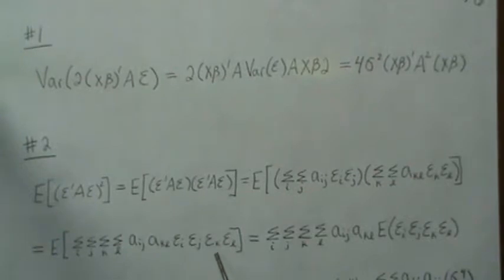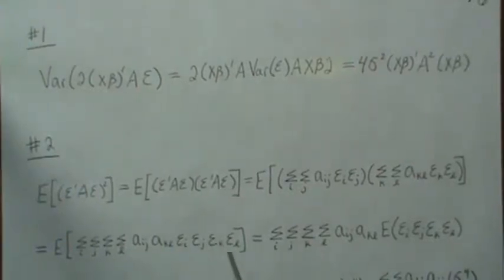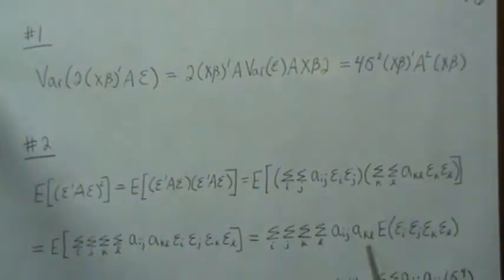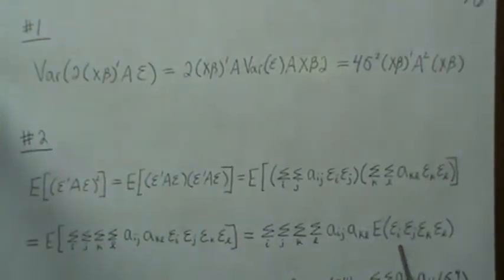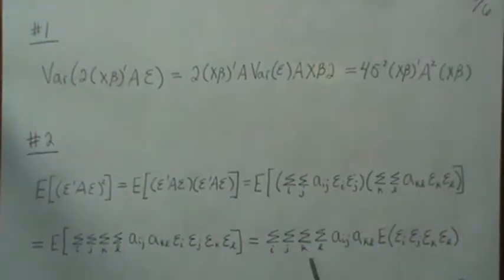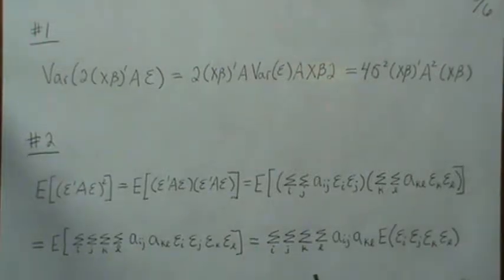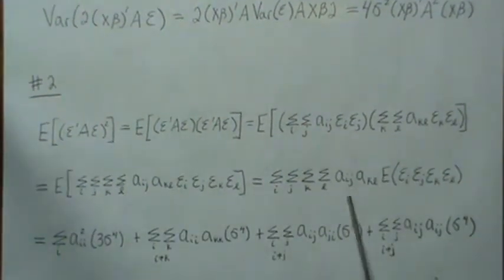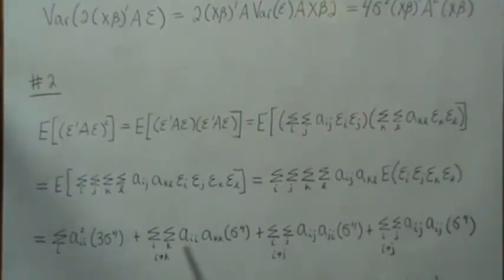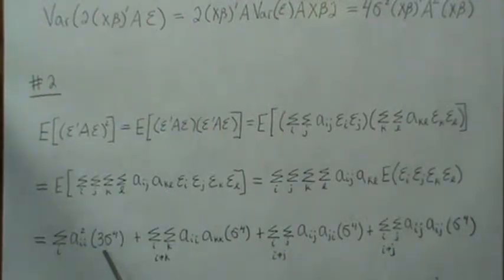And so when we were looking at the expected value of the 4 e's, then this is what plays. It depends upon what these indices equal. And there were 4 cases. So that's when they were all equal. That's this case. So they're all equal. So that's a squared term, a_ii squared, 3 sigma to the fourth.